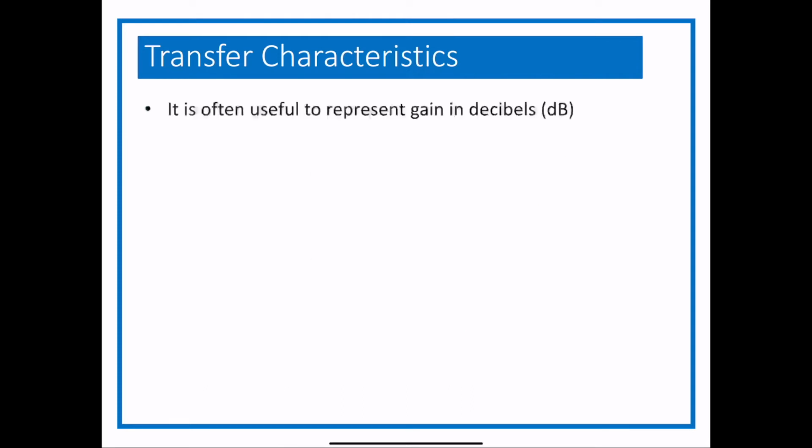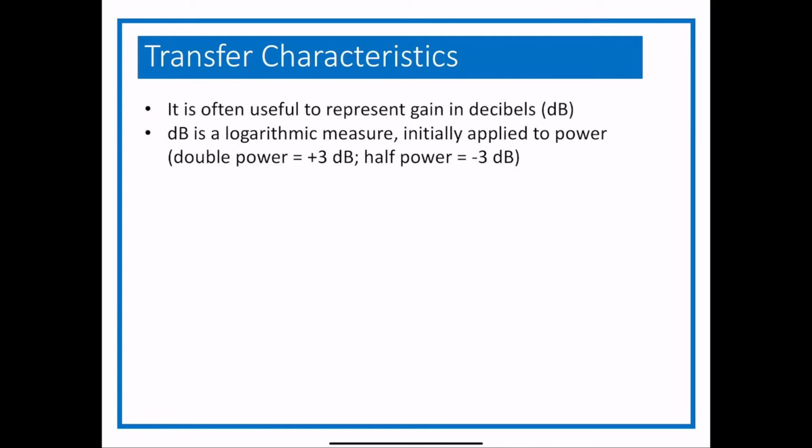Oftentimes, it's useful to represent gain in decibels. We do that for a large number of reasons, but decibels is a logarithmic measure, and it initially was applied to power, and related to how power works. So if you double power, you're basically increasing the power by 3 decibels.